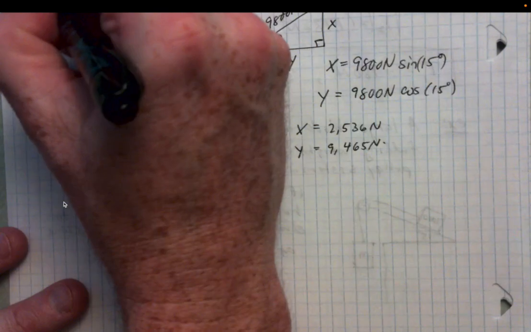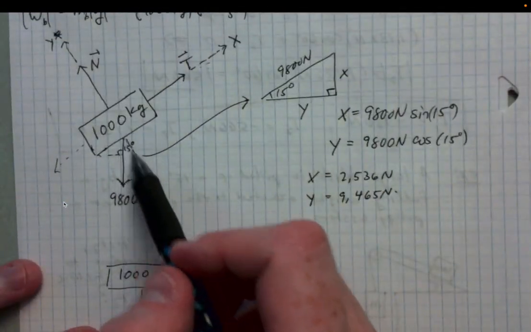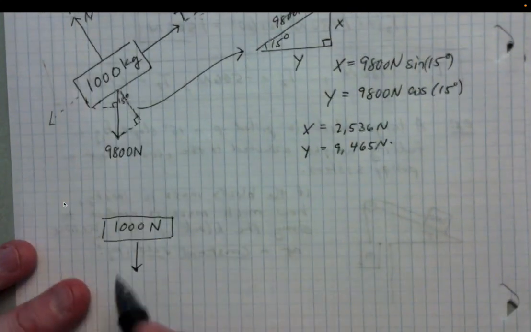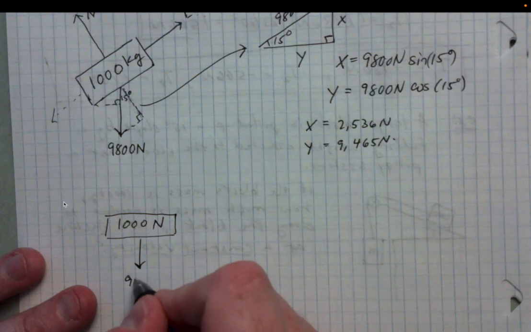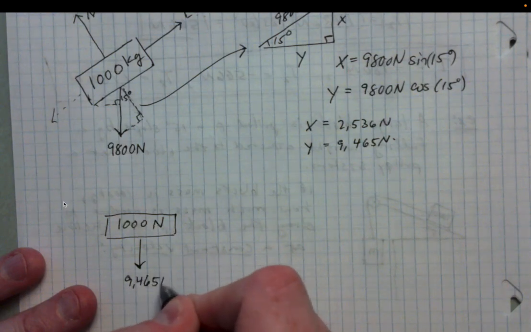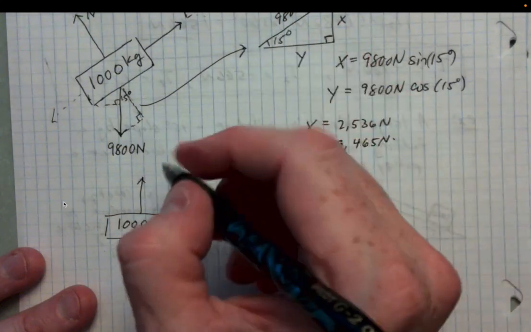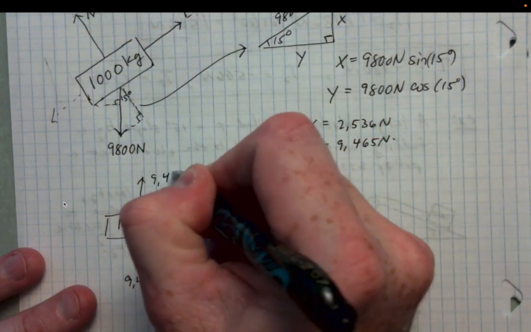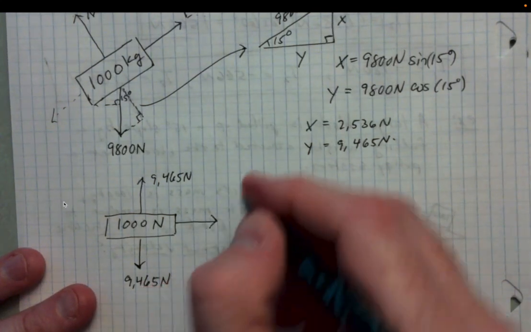I want that to be x, and I want that to be y. So this guy here is opposite the normal force, so that's going to be the 9,465 newtons, and then the normal force is going to offset that perfectly with the same thing, 9,465 newtons.